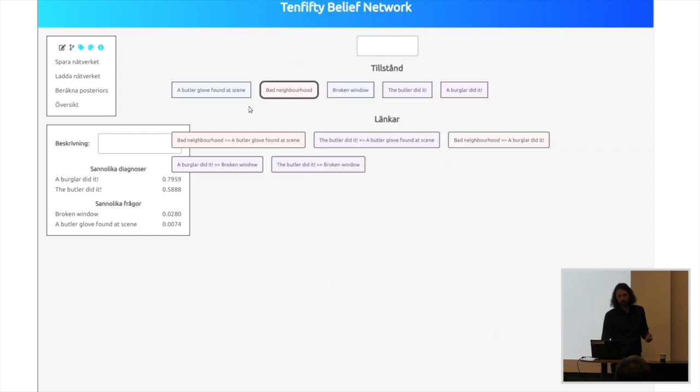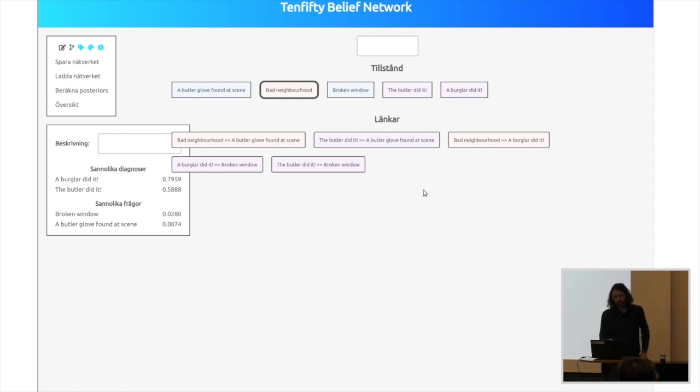All the correlations are these links. So I say, well, a bad neighborhood will also increase the probability of broken windows in general. So then I can add a new link. Does that answer your question? Yeah, okay. So I can add nodes for those types of things to explain causality.